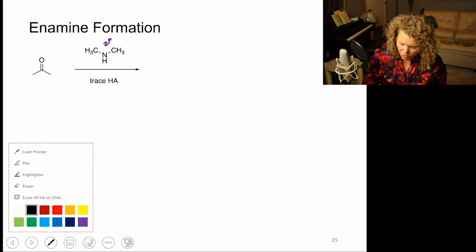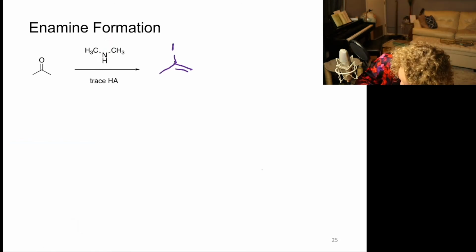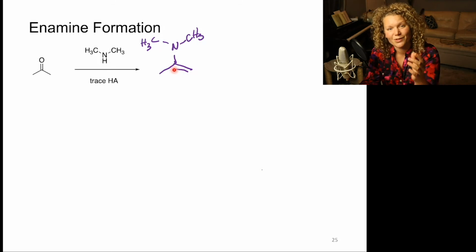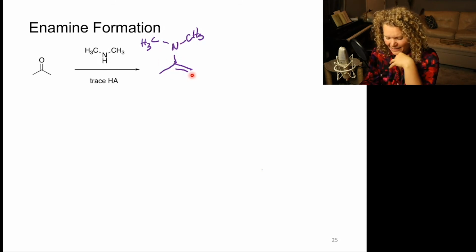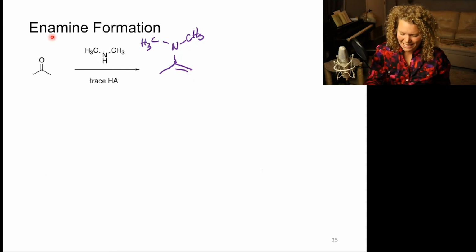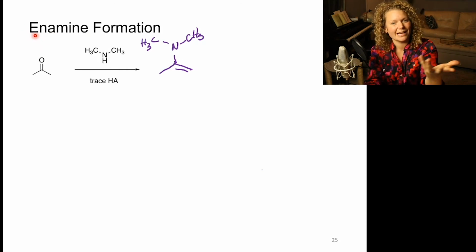What we form is called an enamine. And here's what it looks like. You'll notice that our nitrogen added where the carbon of the carbonyl is, right? And then here we have this alkene that formed. This is why we call them enamines. This "en" is from an alkene.